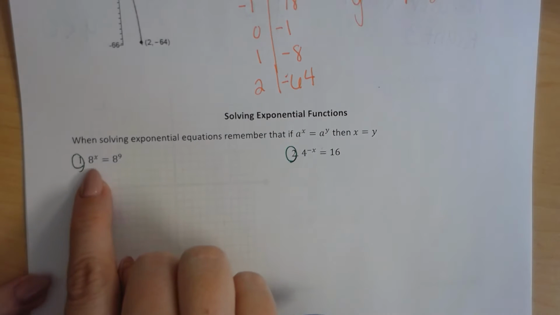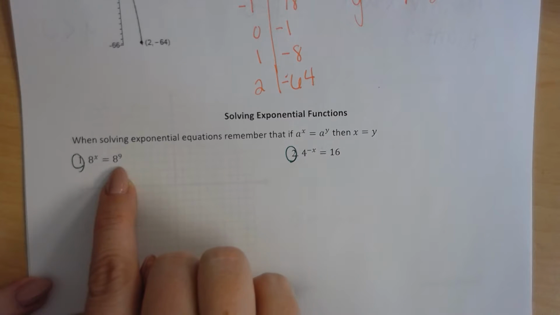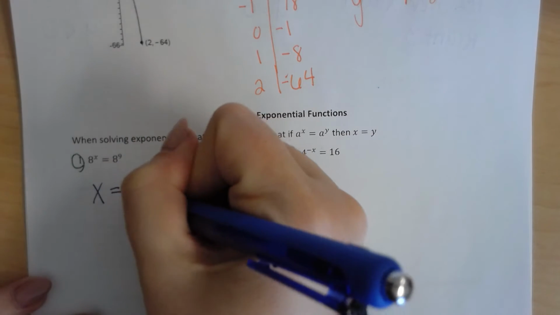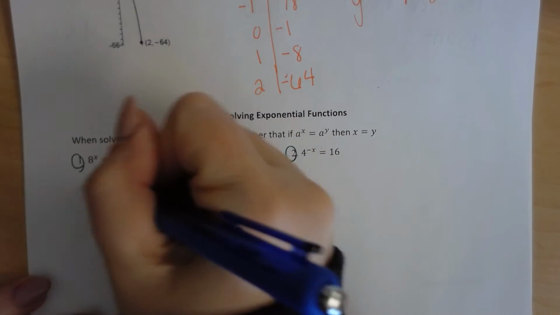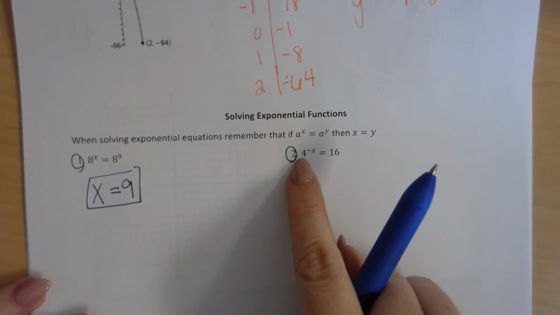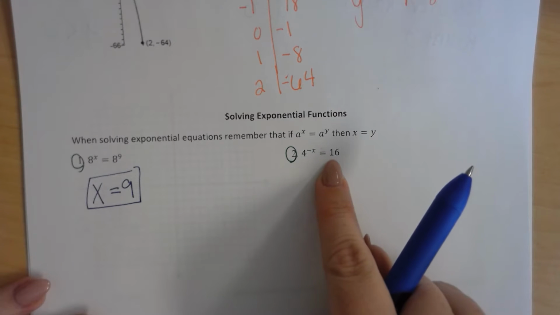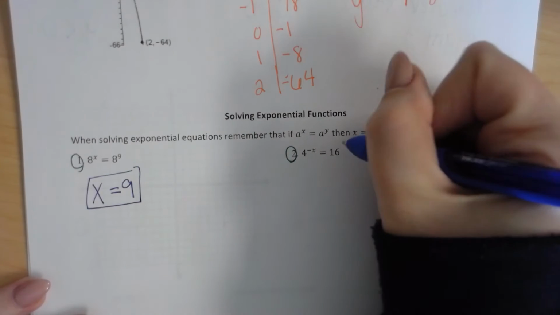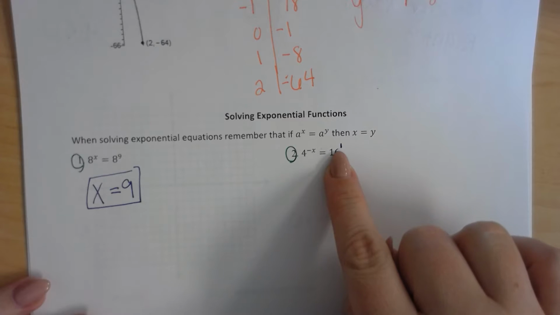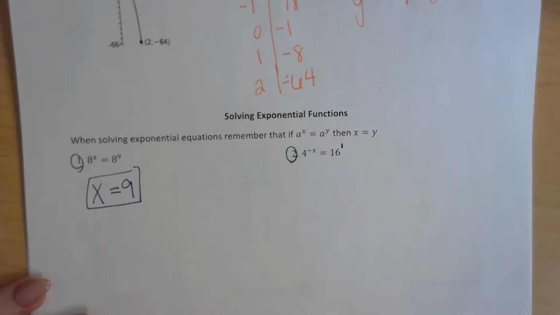So for example, because both of these have 8s as the bases, we can say, okay, well, because the bases are the same, the exponents are the same, so x equals 9. Okay, now number 2, our bases are not the same. So I can't say negative x equals 1 because the bases aren't the same.